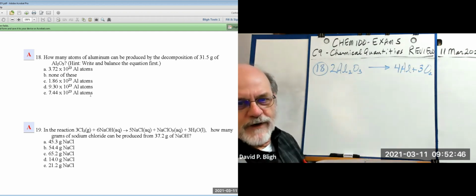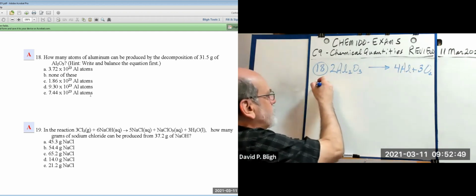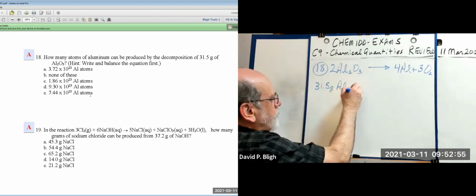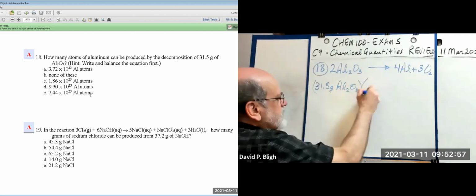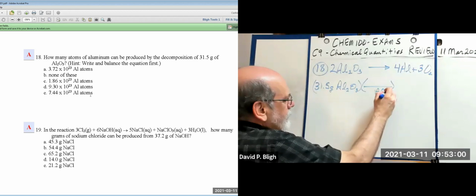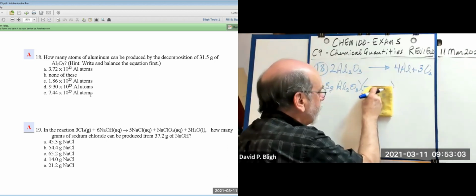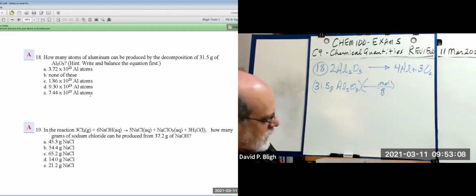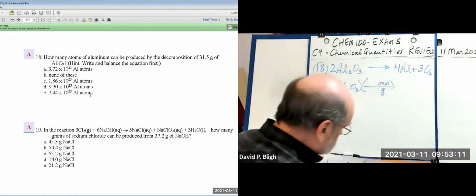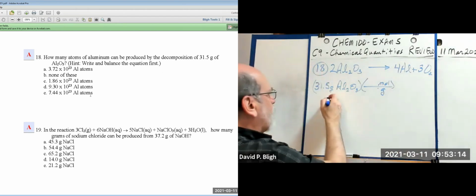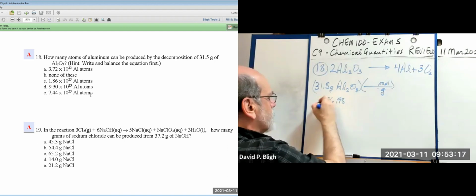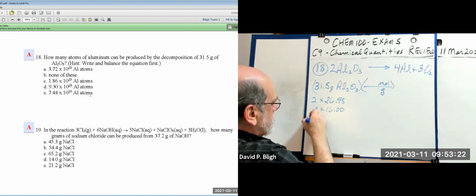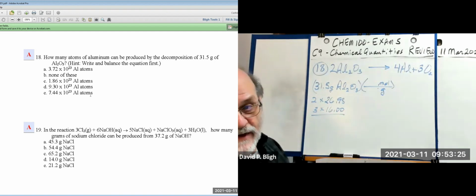So if we have 31.5 grams of aluminum oxide, how many moles is that? Grams, mole. So aluminum is 26.98 times 2, and then oxygen is 16 times 3. So that gives us the molar mass of aluminum oxide.